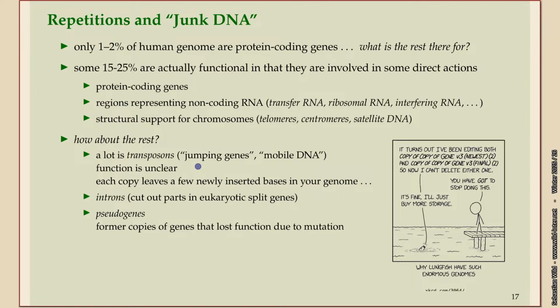So it's a cut and paste part of the DNA. They're called jumping genes, but they're not actually coding for anything. They're just moving around your genome. And each time they do this, they add a tiny sequence of extra DNA where they were inserted as a leftover of the copying or the pasting process. Fun, fun.